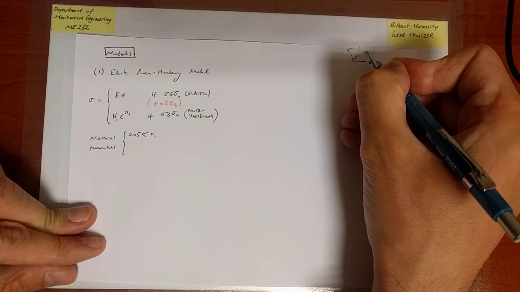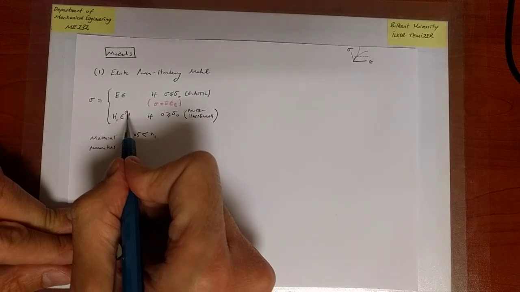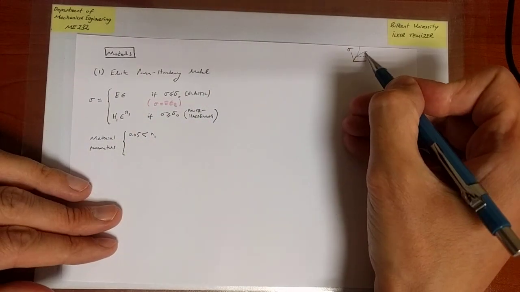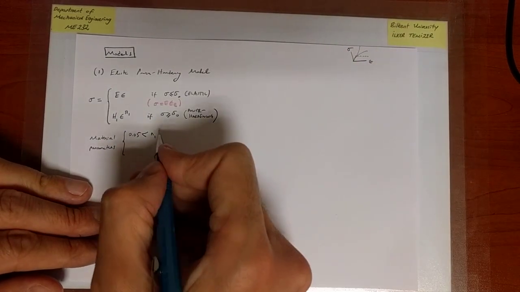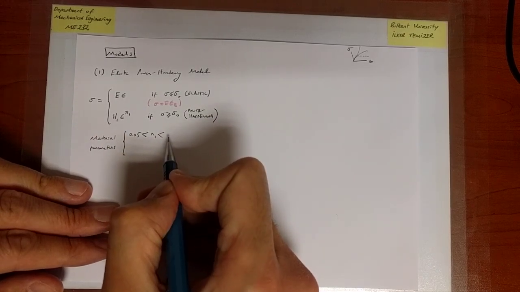If the exponent is 0, it will be a constant. So an exponent of 0 would be perfectly plastic. If it's larger than 1, it's not realistic. It should be less than 1 and greater than 0 so that we have some realistic replication of experimental behavior.